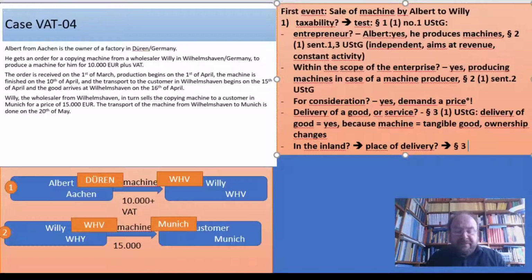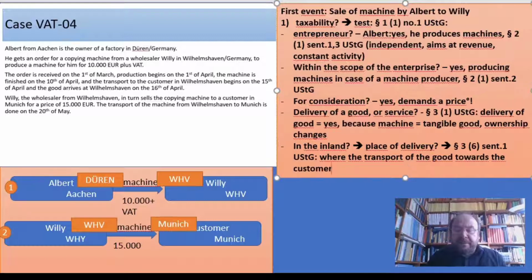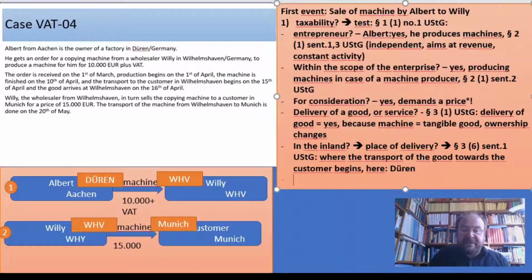Here we have definitively a transaction where the good is moved in order to fulfill the delivery contract. So where the transfer of the good towards the customer begins, here that is Düren, because even if Albert lives in Aachen, his factory is in Düren, and if the product is delivered starting there, then it's a clear case that the place of delivery is there.